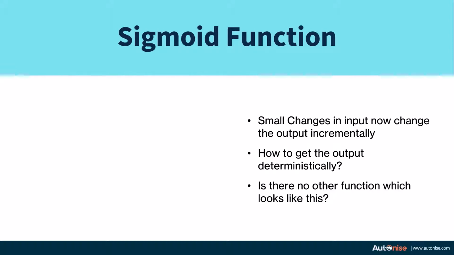Earlier in perceptrons, we had the good property that it gave only the output as 0 or 1, which corresponded to true or false. So we want our functions to have binary outputs or deterministic outputs, yet we want our functions to be continuous so that there is no drastic change in the output when the input changes.